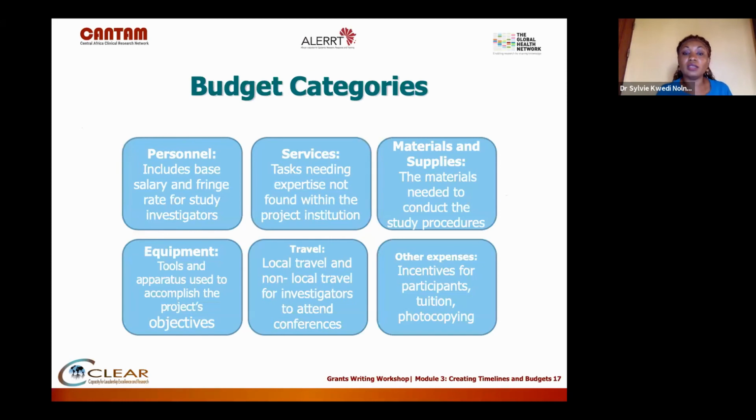Here are the typical budget categories. Personnel. So for each personnel, you need a salary. You may not use everybody full time. Sometimes you will hear of something called full-time equivalent. If you have one full-time equivalent, that means that you need that post.